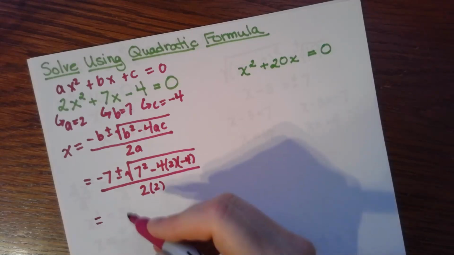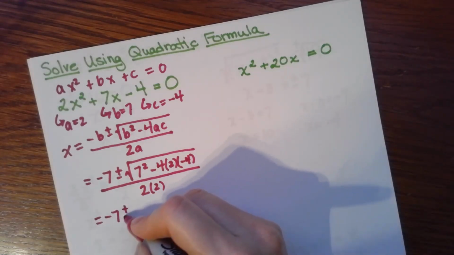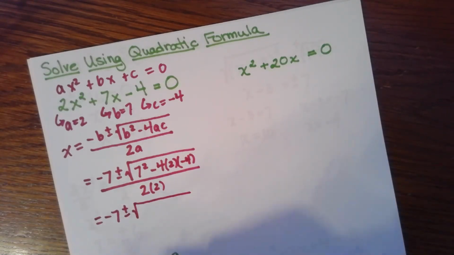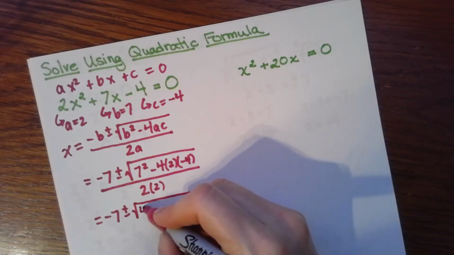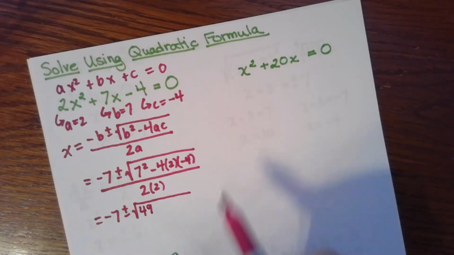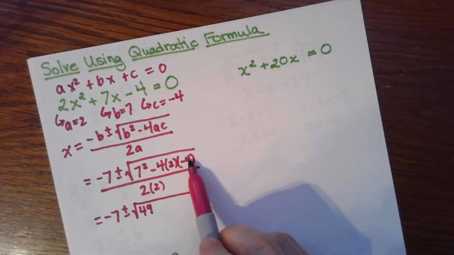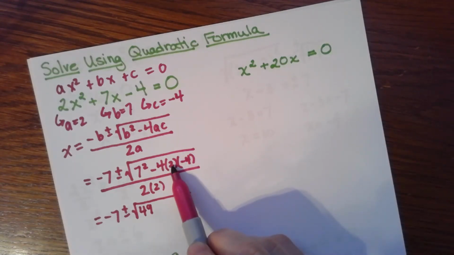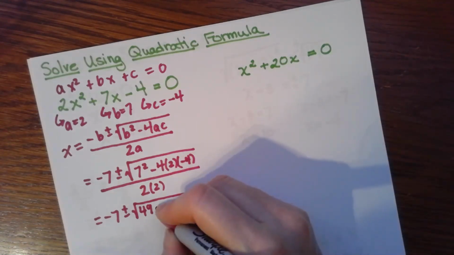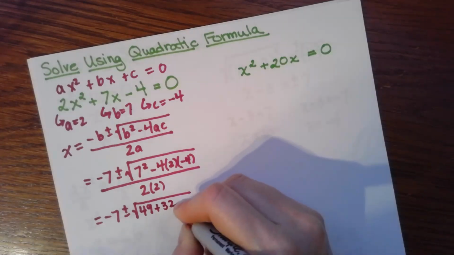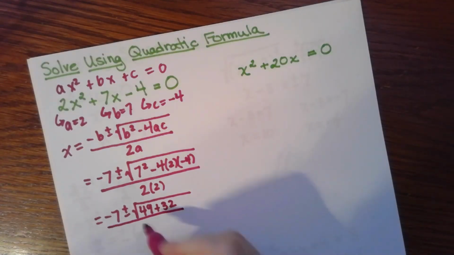Okay, so we're going to get negative 7 plus or minus the square root of, well, 7 squared is 49. Okay, and then we'll have 4 times 4 is 16, times 2 is 32. It'll be a positive 32. 2 times 2 is 4.